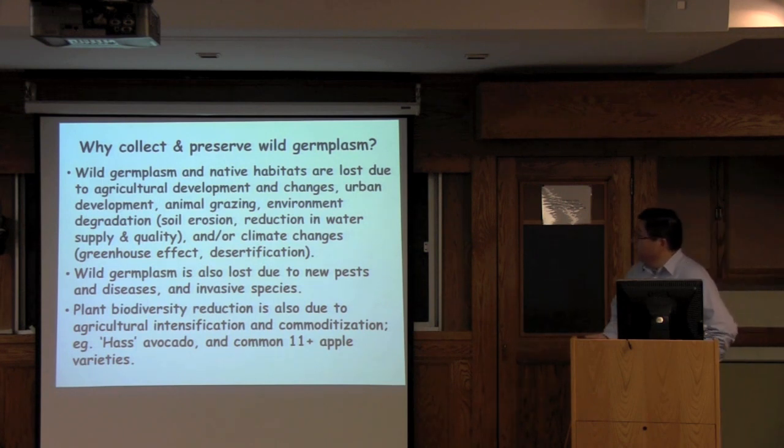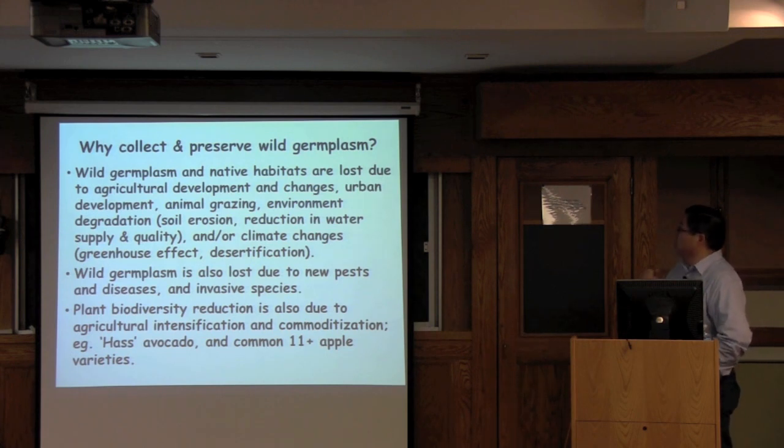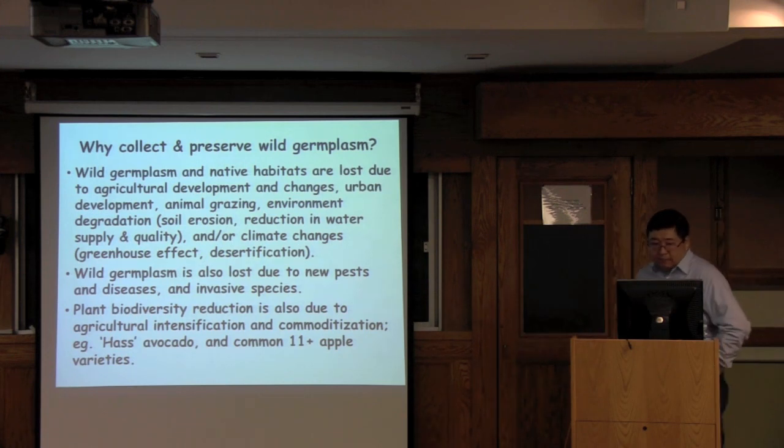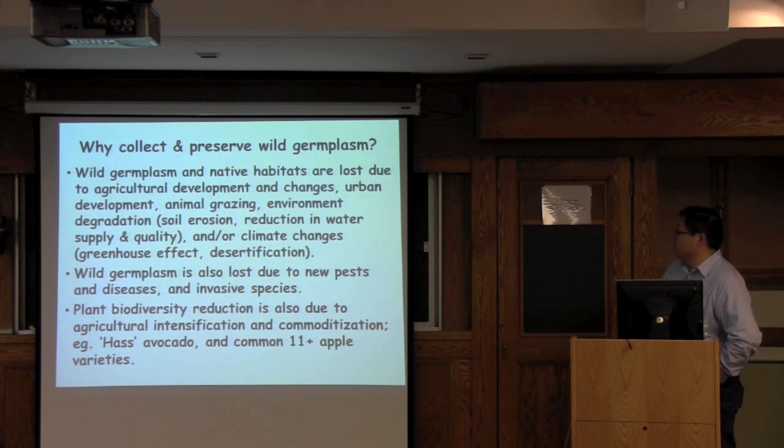Of course, climate change, such as the greenhouse effect and desertification. Also, a lot of wild germplasm material is being threatened by new pests and diseases, and a lot of the time by invasive species in the native habitat. Also, a lot of the time, plant biodiversity is being reduced because of agricultural intensification and agricultural commoditization.